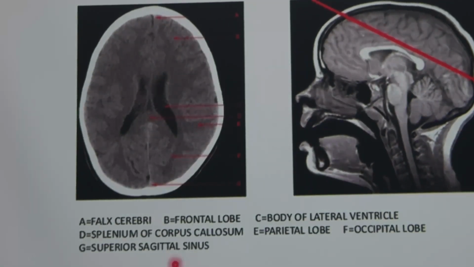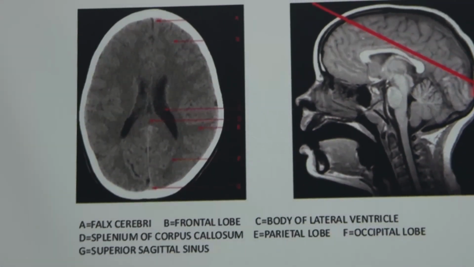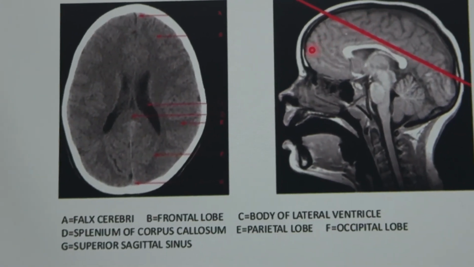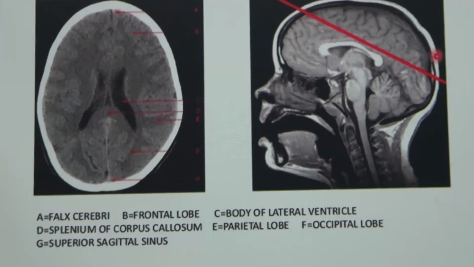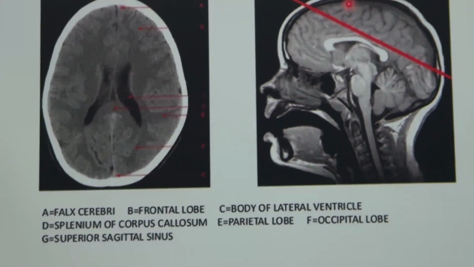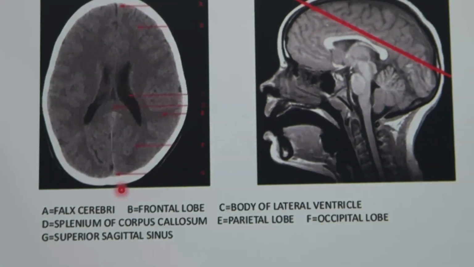And the superior sagittal sinus is starting to appear because we reach its level in the midline, covering the cerebral convexity, and here part of it, and here part of it.